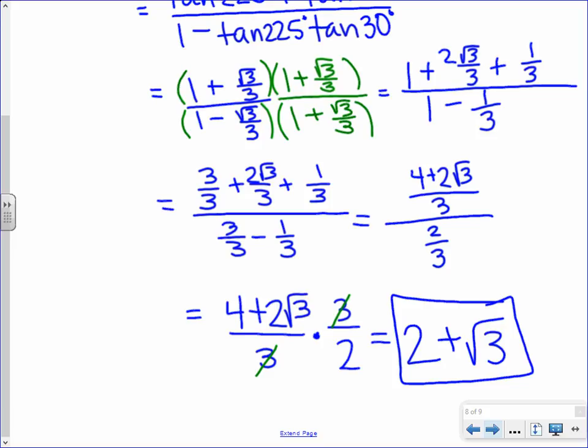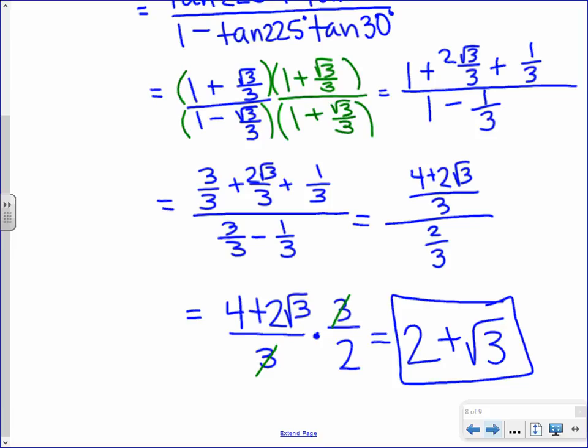So if we had a tangent of some 60-degree angle, we would avoid having fractions inside of fractions. I would try as hard as you can for these tangent problems to pick a 60-degree angle or a 60-degree reference angle so that you don't have to deal with fractions in fractions. If you can't think of one, and you can think of a 30-degree one, then you're kind of stuck. But it will make your life easier if you can avoid that fraction in there.